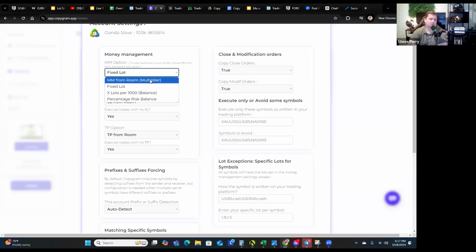The money management option is the one that I usually use. And if you click it, it says to copy the same size of your sender, choose money management option from the multiplier with a value of 1.